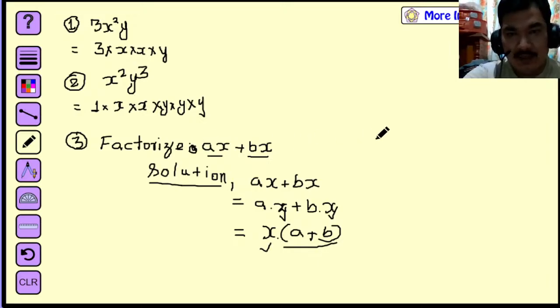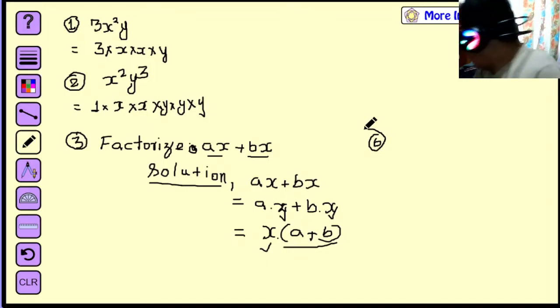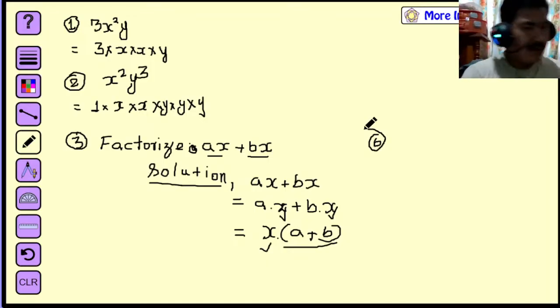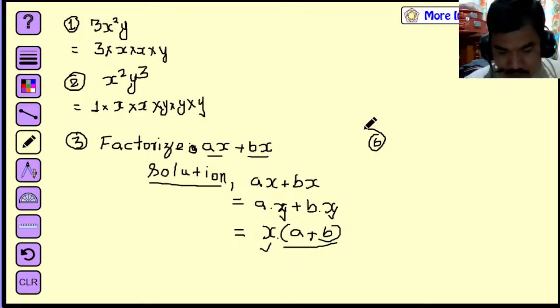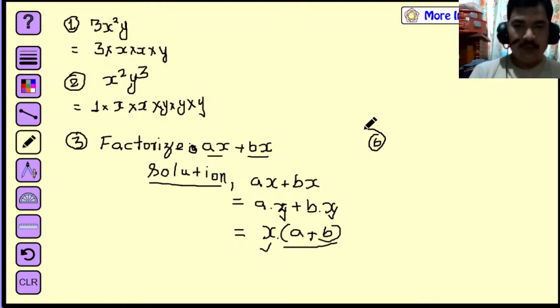Now I'm making example b also, related to this taking common. Children, look here, I want to take the question.